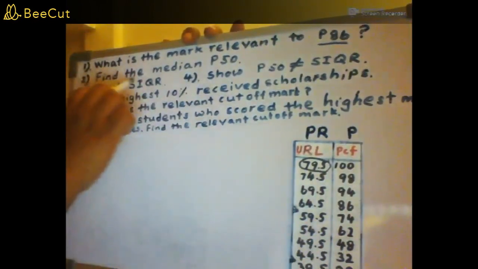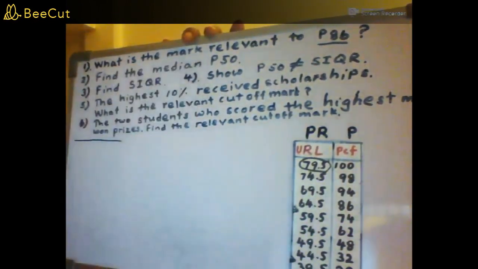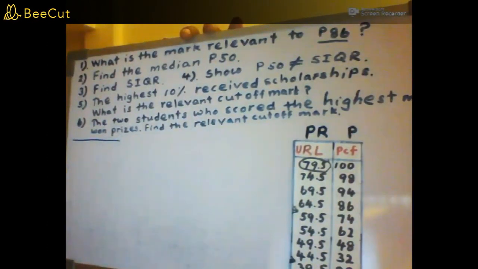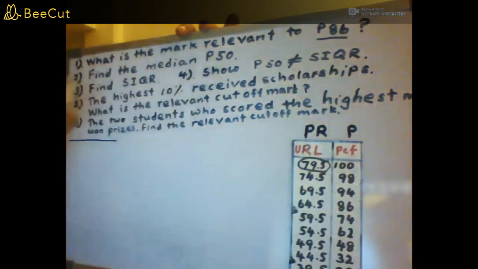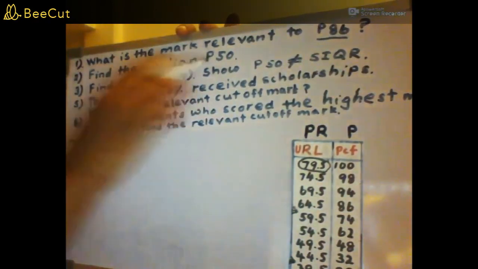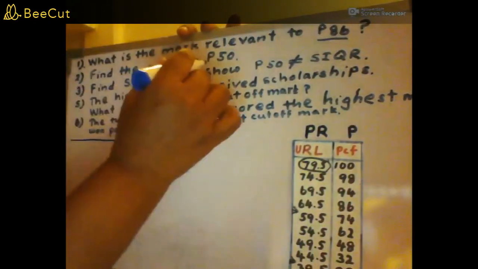Find the median P50. Median is the mark that represents the middle place of a set of data. Right? You just get the idea here. Find the median P50. What is given there? P50. Underline P50.